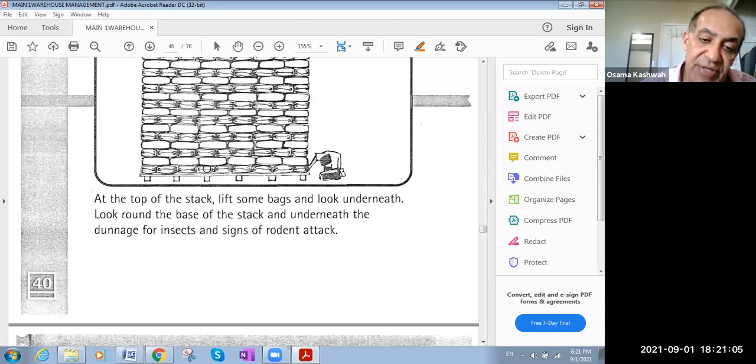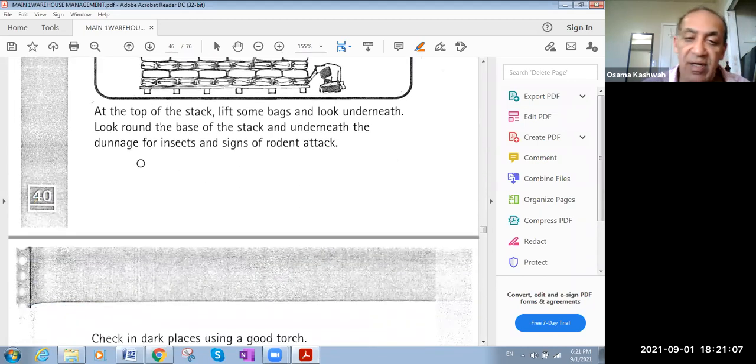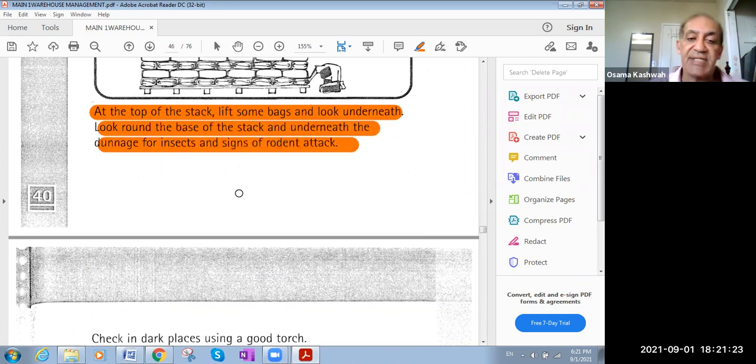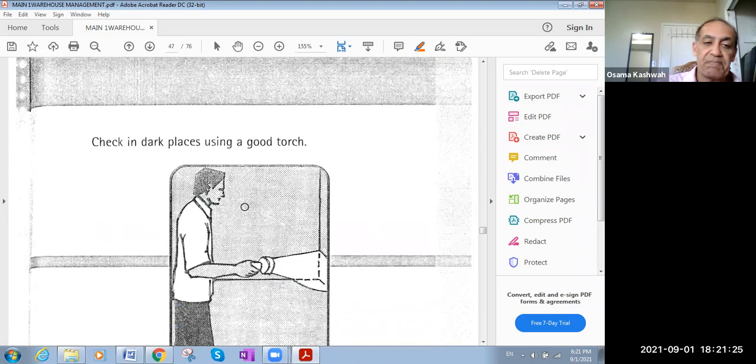Those are very harmful for the products or the goods, especially in the agriculture field, where it is very bad. At the top of the stack, lift some bags and look underneath. Look around the base of the stack and underneath for the signs of insects and rodent attack.